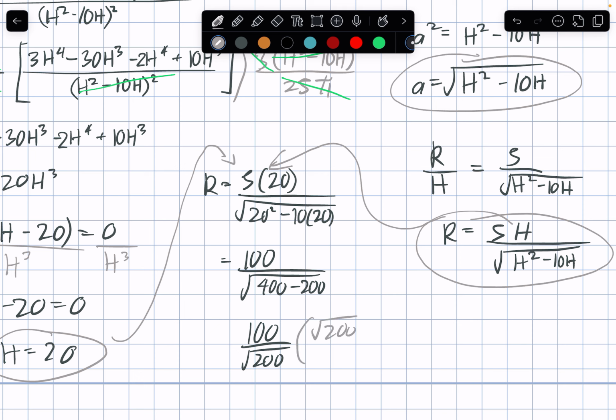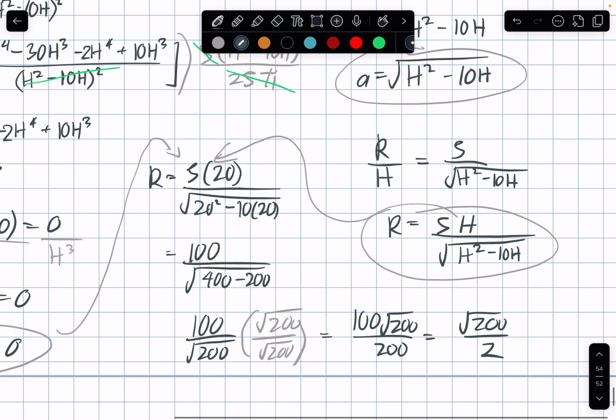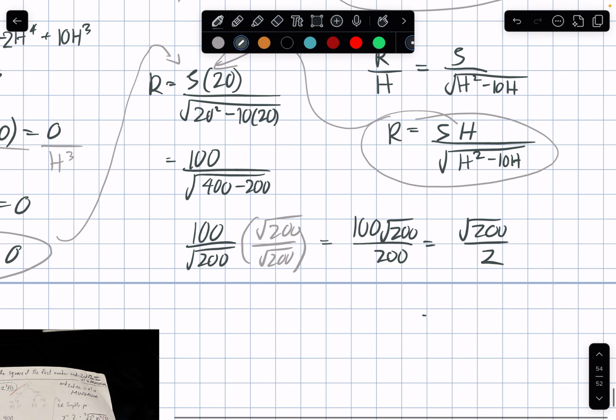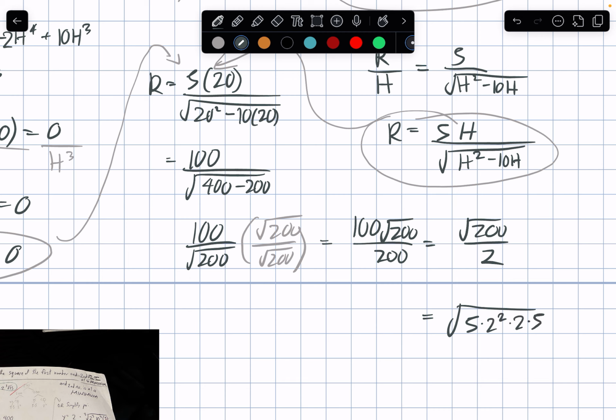Rationalize. So square root of 200 over 2. We can further simplify this, I believe. 5 times 10, 50, 50 times 4, 200.